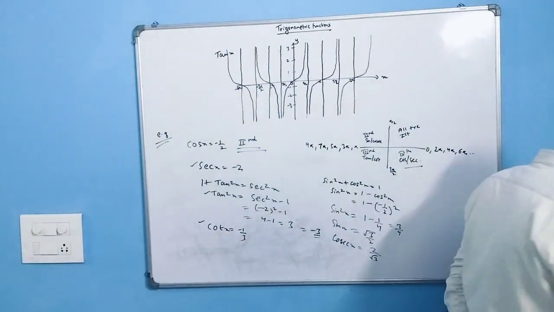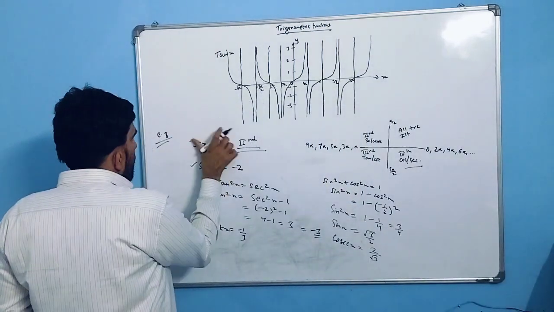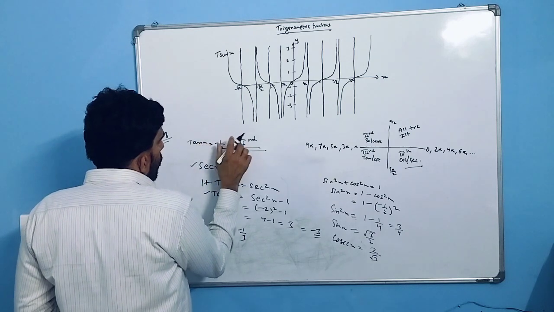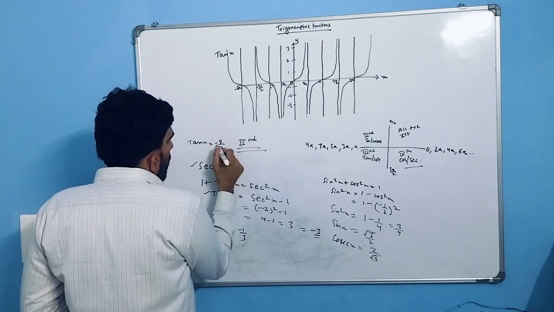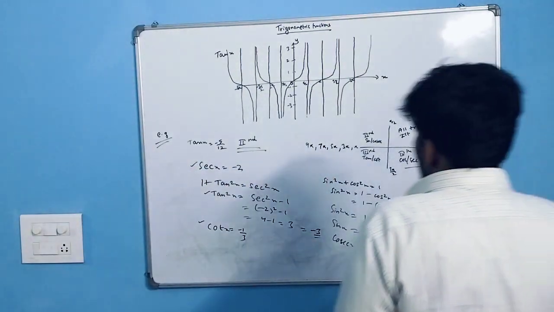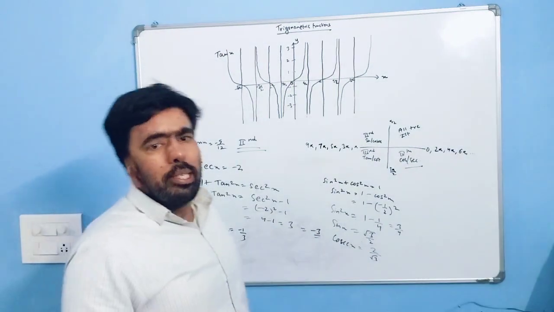Regarding this, they have given tan x is equal to minus 5 by 12. Now they are saying tan x is equal to minus 5 upon 12, and this ratio is given in second quadrant. Okay? So in the second quadrant we all know that tan is negative.